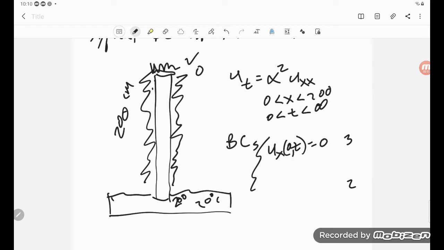And so let's see, in that case we have X and T, and that's what I had.